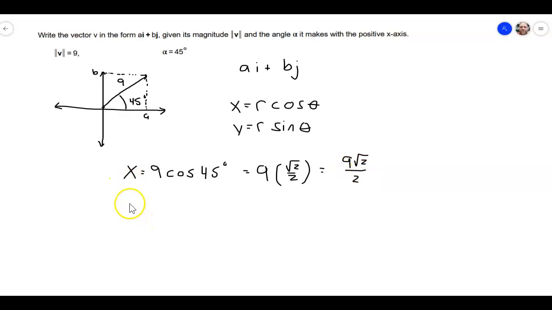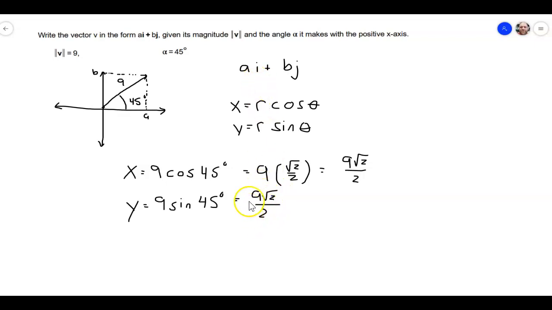And the y is going to be equal to the radius, which is 9, times the sine of 45 degrees. And hopefully by now we know that the sine of 45 and the cosine of 45 are the same thing. So this is just going to be the same as before. So that's 9 root 2 all over 2.